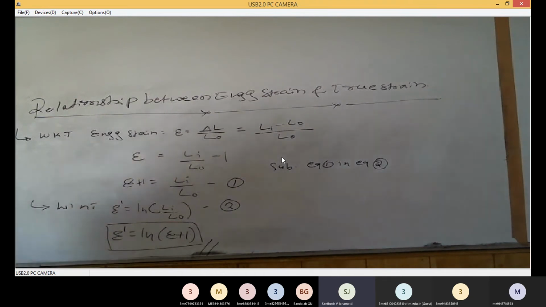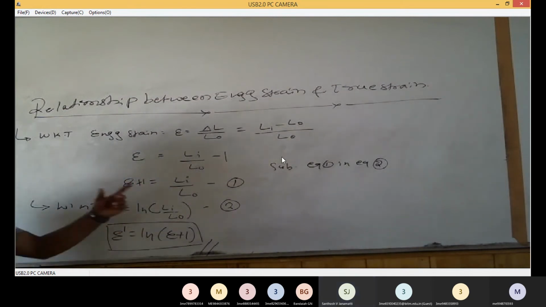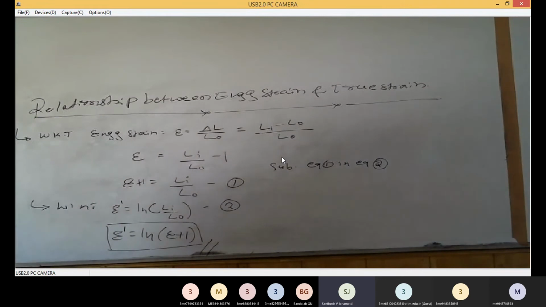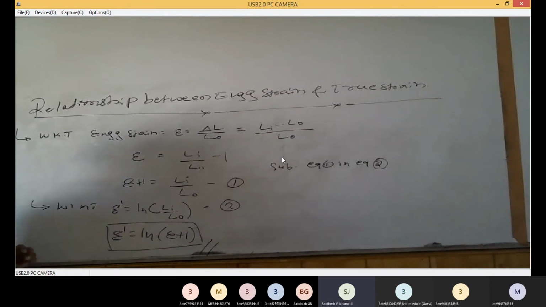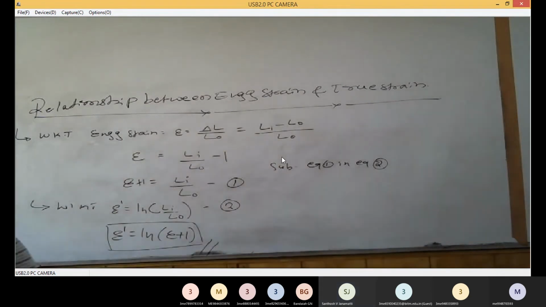It is simple. You can remember this formula for your future numericals. Next class, we will solve some very simple numericals based on this true stress and true strain concept. In those cases, this formula is important, so you have to remember it.